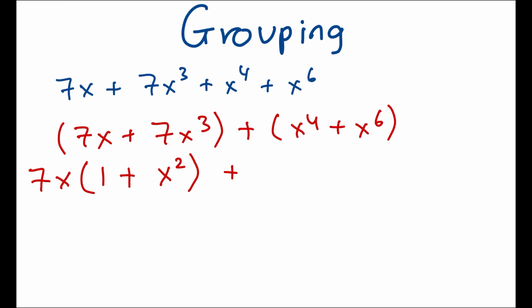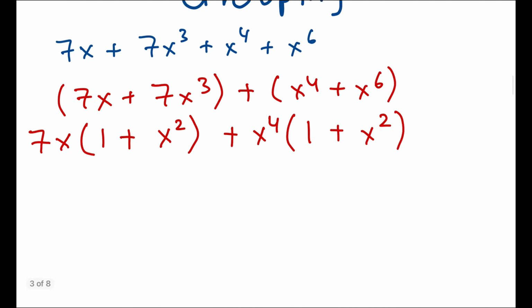Same thing here, you got x4 and x6. You just factor out the smallest one they have, which is x4. Since you already factored out x4, you got 1 plus x squared, because 6 minus 4 is 2.